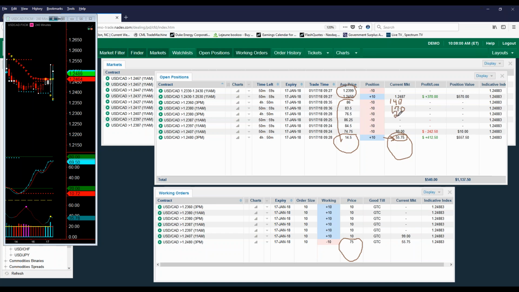That was about 250. Okay. This was 140. And this one was about 150. A little bit more than 150. Okay. But I've already covered this loss right here. That was covered when I took the first contract off.